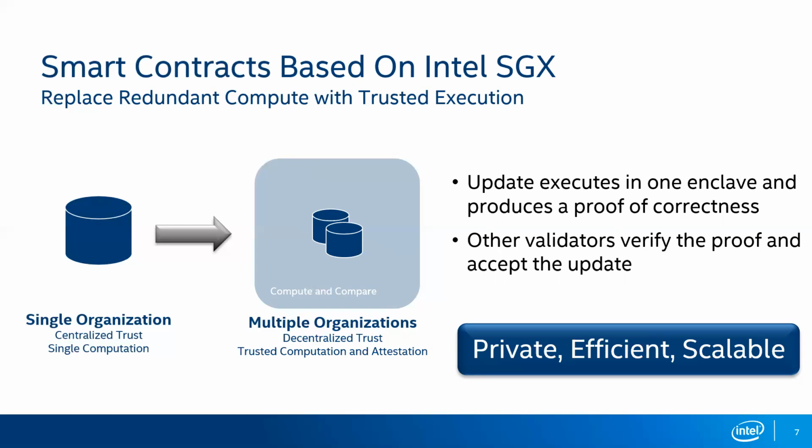The effect is that we get off-chain execution. We get privacy from data isolation, and we get privacy and confidentiality from the trusted execution environment itself, so even the hosts of the computation don't get to see what's happening inside the contract. It's really efficient.